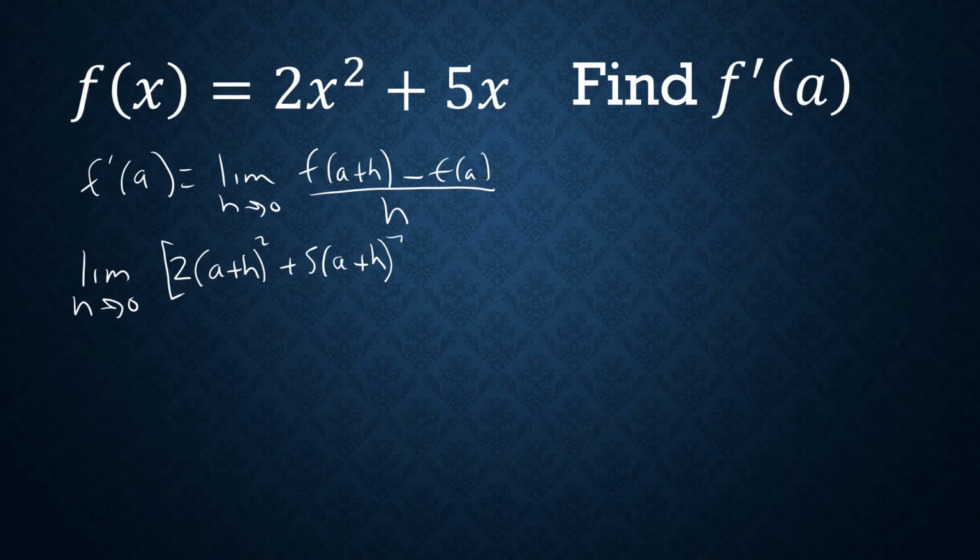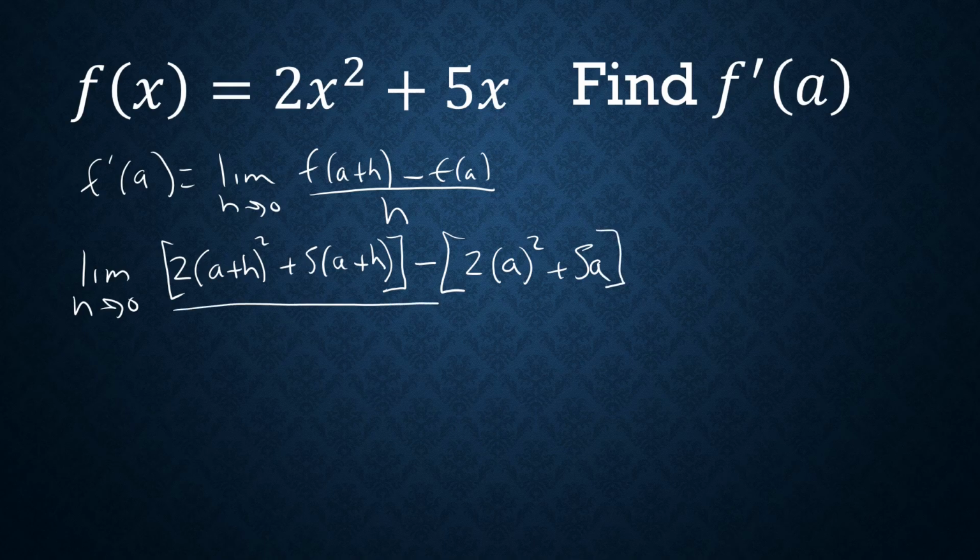Let's put that in square brackets, showing it's all together, minus f of a, so minus 2a squared plus 5a, all over h.